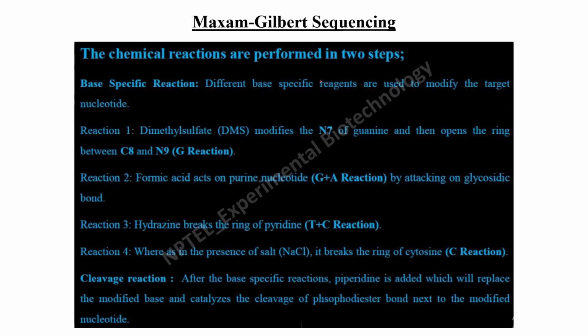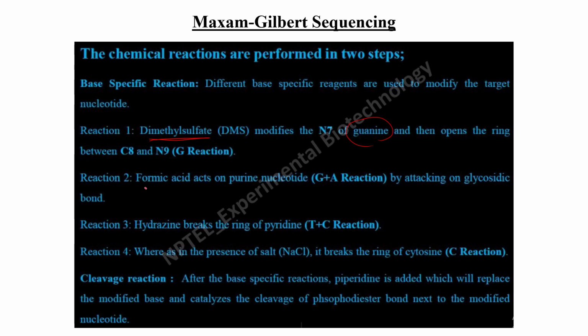These are the 4 types of reactions done to identify the different bases in the DNA. The first reaction is with dimethyl sulfate. It modifies the guanine residues. Wherever G is there, dimethyl sulfate will modify it.